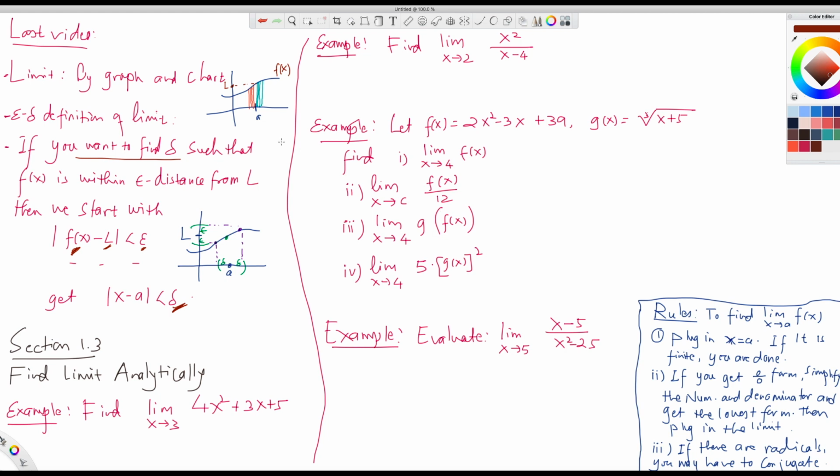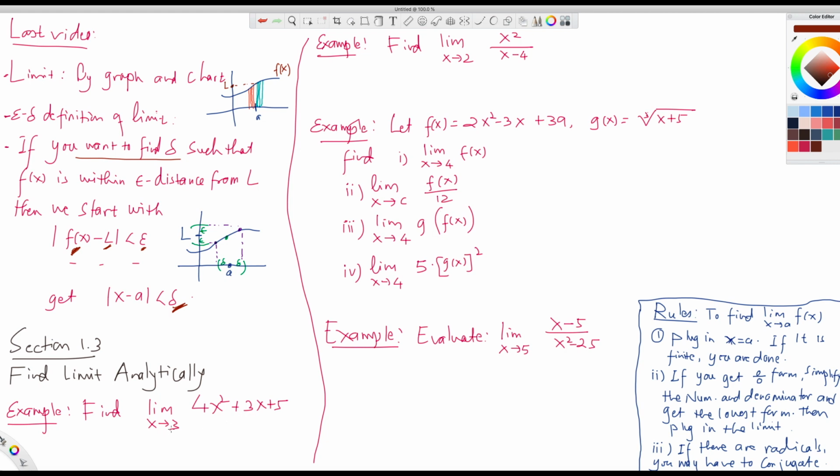If you are trying to find the limit of this function, for example, you plug in x equals 3 here, which is basically the same as finding the functional value.